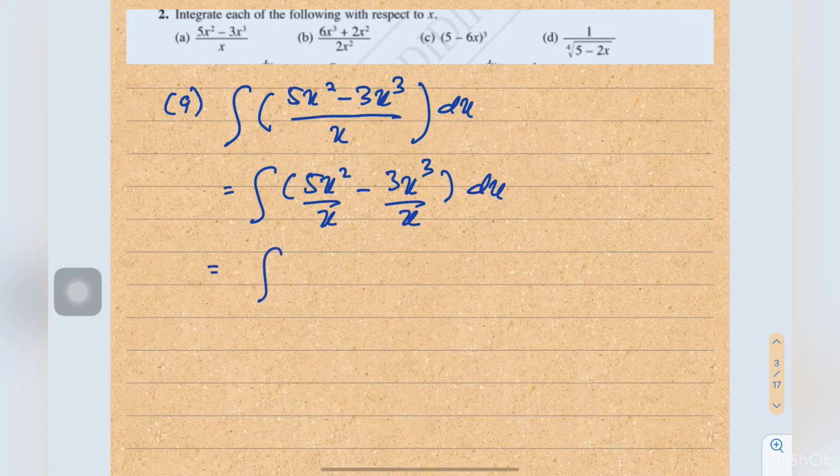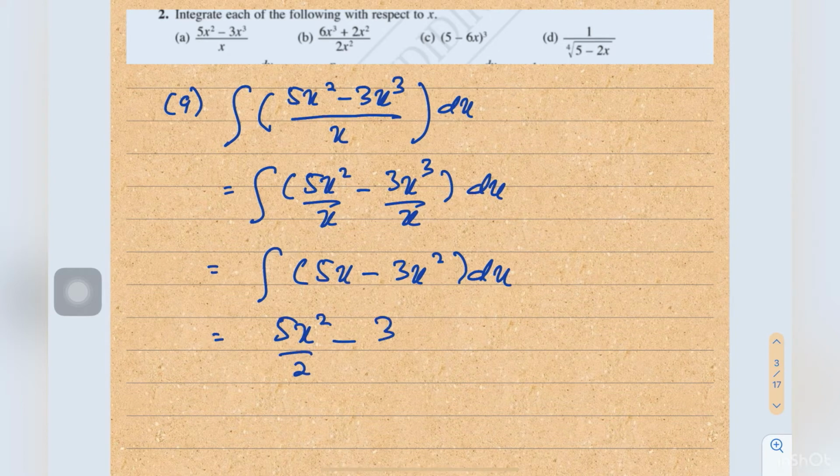Now we have 5x minus 3x squared. Then we integrate. We get 5x squared over 2 minus 3x cubed over 3 plus c. And we simplify: 5 over 2 x squared minus x cubed plus c.